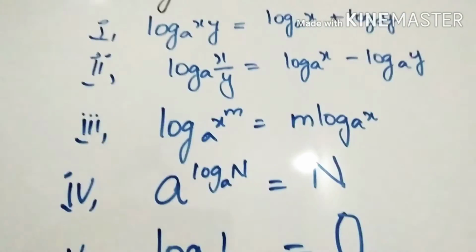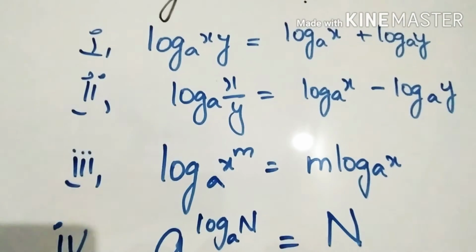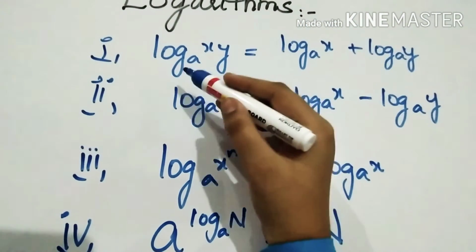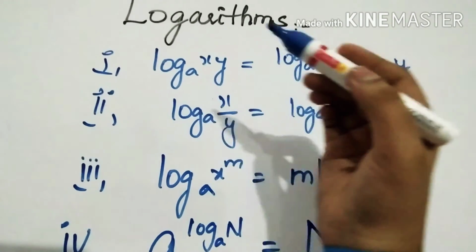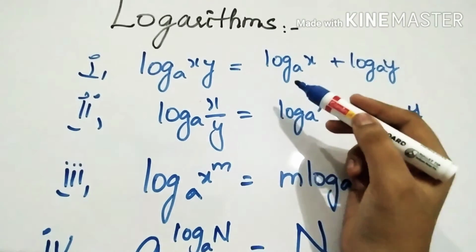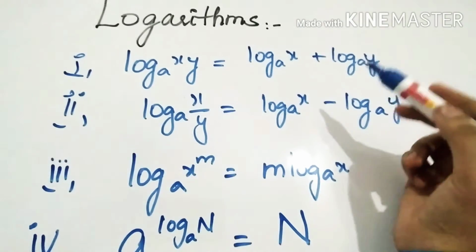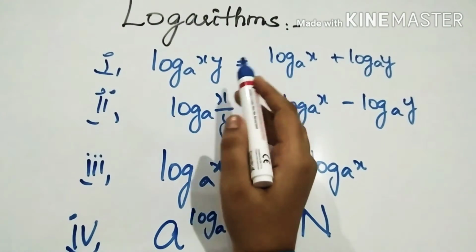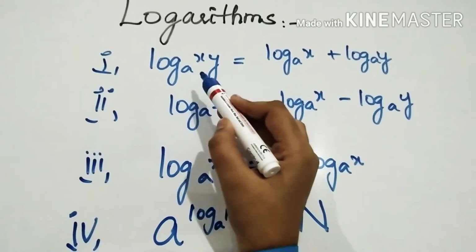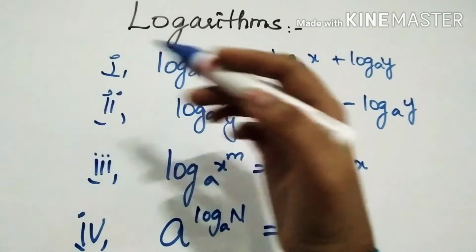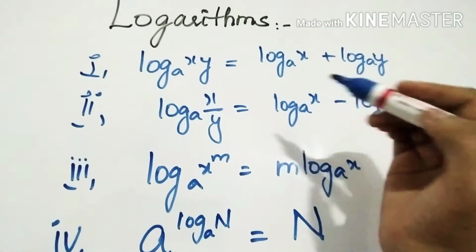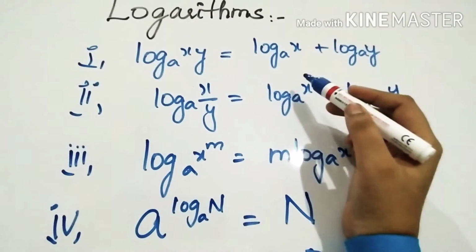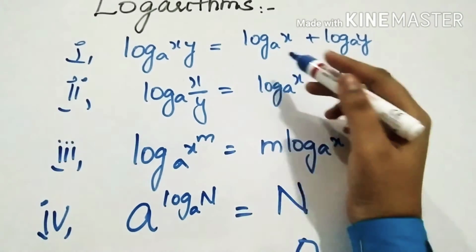So the first formula that we have is log xy to the base a is equal to log x to the base a plus log y to the base a. It's very simple to understand here. Multiplication, when it goes to the other side in logarithm, becomes addition. So xy is multiplied here, on the other side you just add.